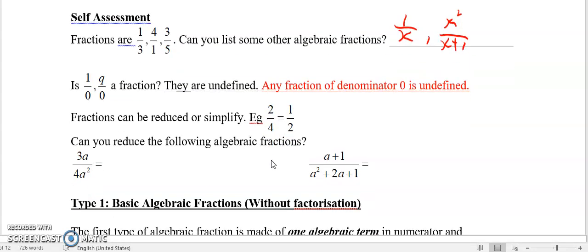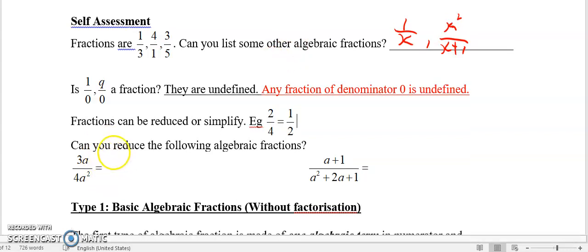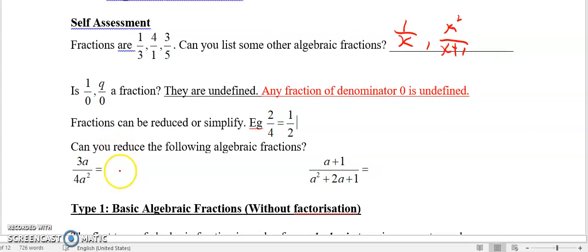In terms of algebraic fractions, if we were to simplify this example below, 3a/4a squared, the common factor between them is a. So, the result will be 3/4a.